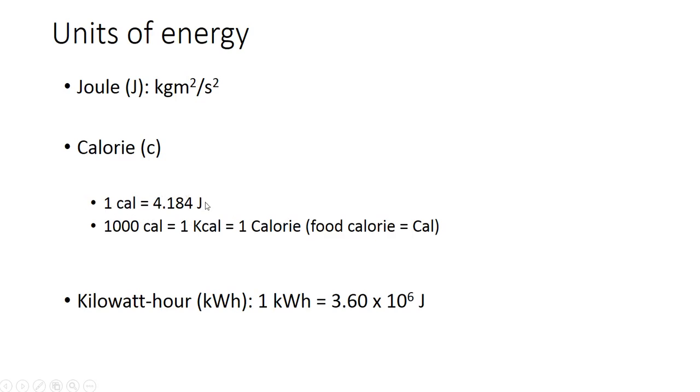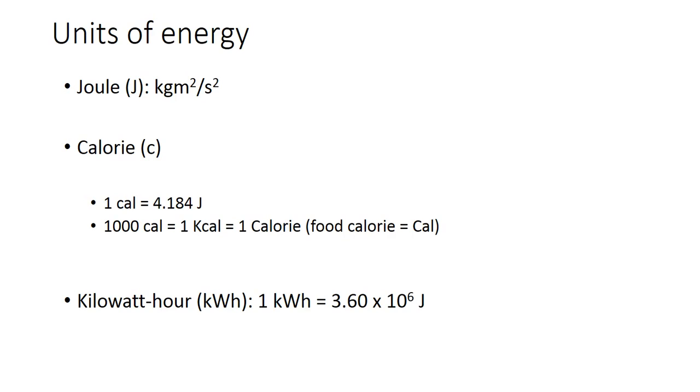An important conversion: 1 calorie is equal to 4.184 joules, and 1000 calories is equal to 1 kilocalorie. A kilocalorie is also known as a food calorie or a nutritional calorie.